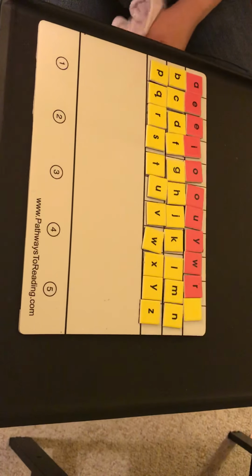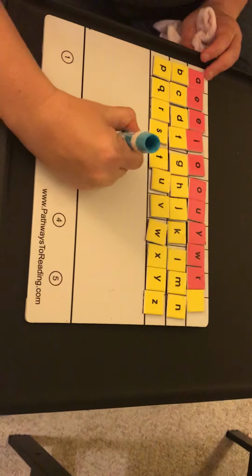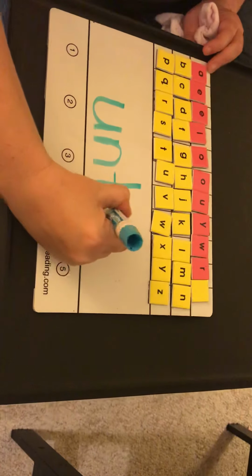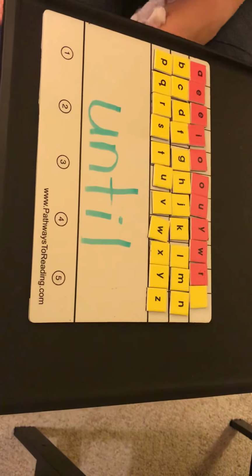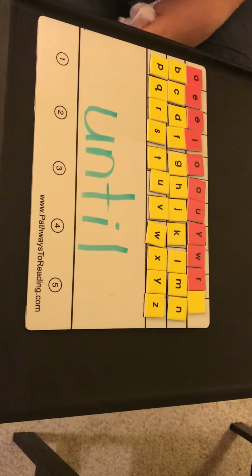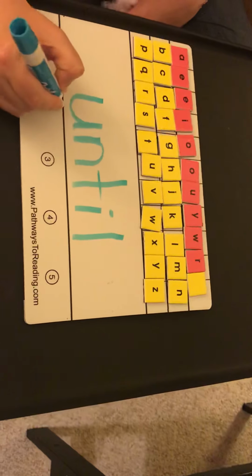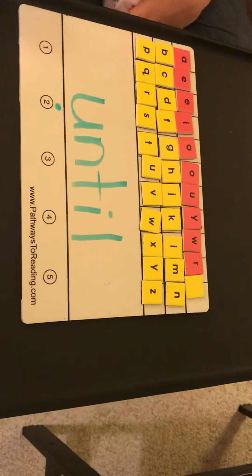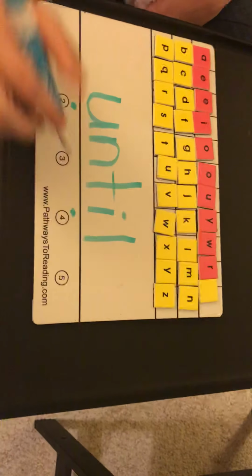All right, here's my next word. Don't shout it out if you know this word because I need to learn how to sound it out. All right, step one, spot our vowels. What vowels do you see? Do you see this U? He lives on Vowel Town. Any other ones? Yep, our I lives on Vowel Town.